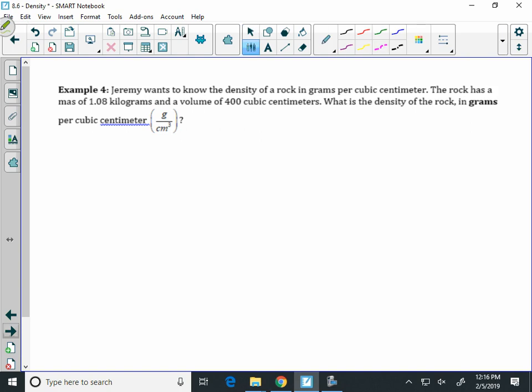Does anyone know how many grams are in 1 kilogram? 1,000. Okay, so we have to do what? Are we going to divide by 1,000 if we're going from a smaller unit, or multiply? Multiply by 1,000, because grams are smaller, so there's going to be a lot more grams than there are kilograms. So we're going to make this number bigger because there's more grams. So when we multiply, what's 1.08 times 1,000?